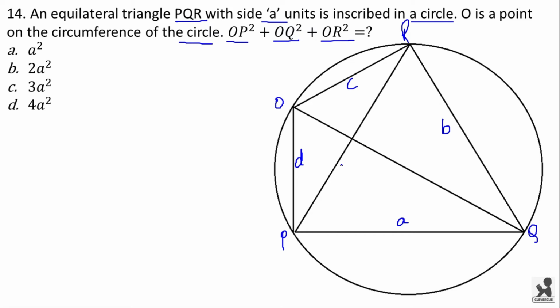So let the length of PR be X and the length of OQ be Y. The property over here is A into C plus B into D is equal to X into Y.